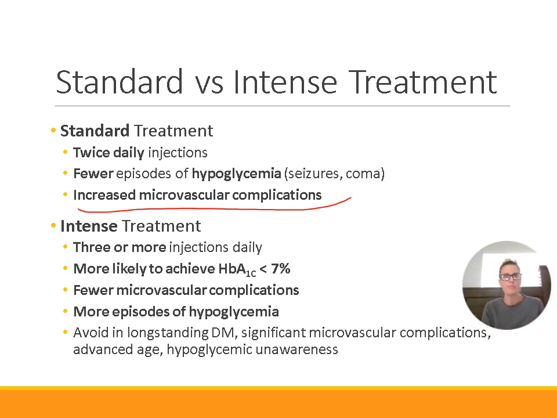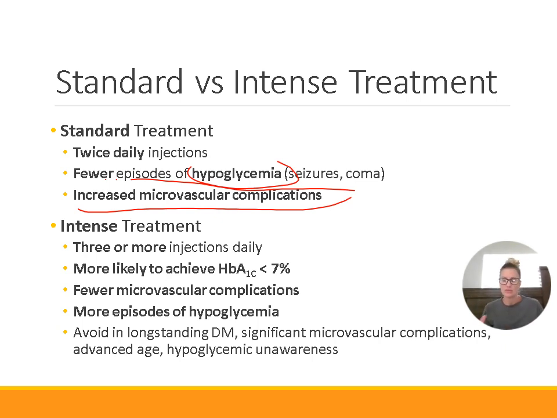However, because you're not being so strict with your glucose control, there are fewer episodes of hypoglycemia. Hypoglycemia can be very dangerous. If it's severe enough, patients can progress to seizures and coma.